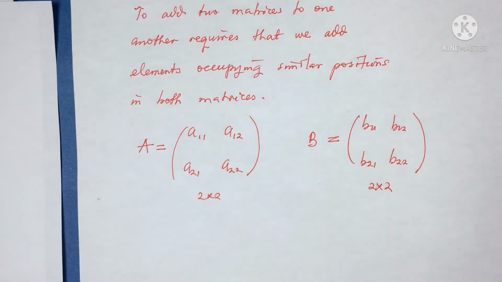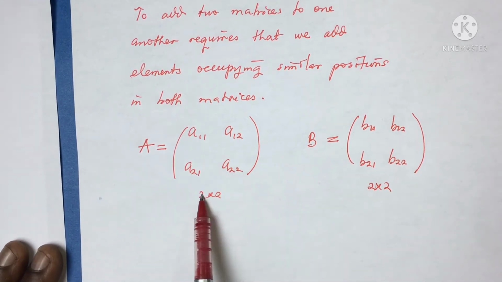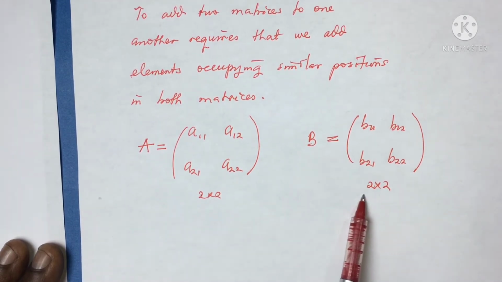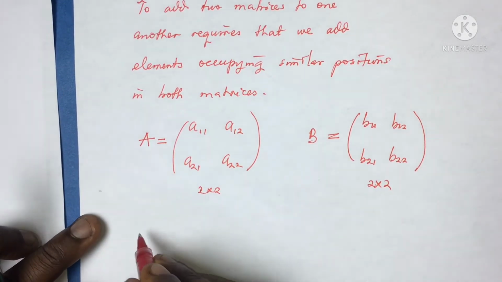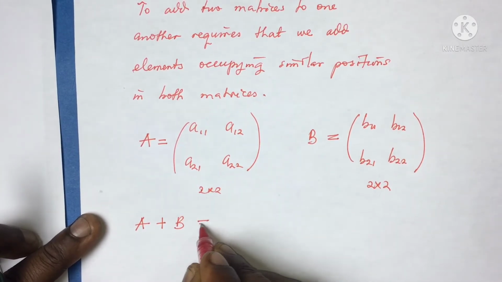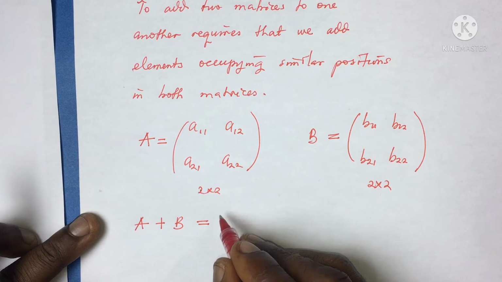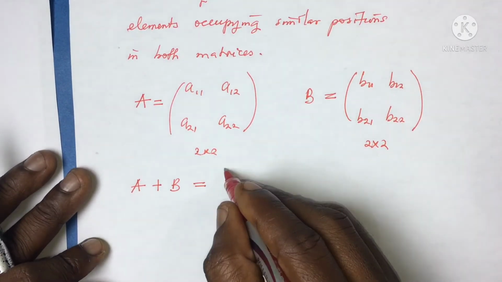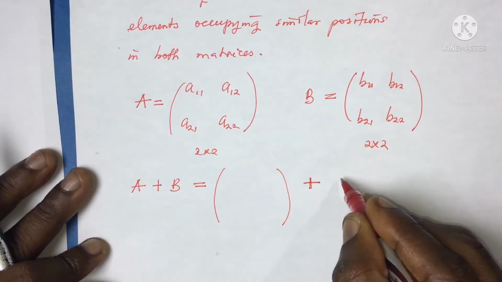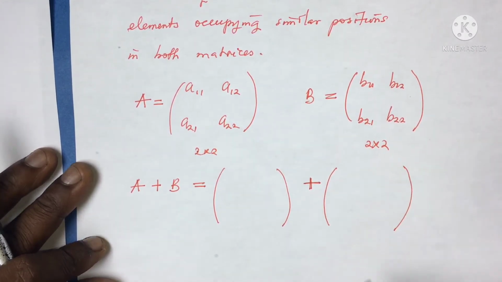Clearly, both of them are conformable for addition and subtraction, simply because 2 by 2 is the order of A, which is equal to the order of B, which is 2 by 2. Okay? So, if I am required to add A to B, then it is possible to do so because they are of the same order. But here, the question is, how do we do that?